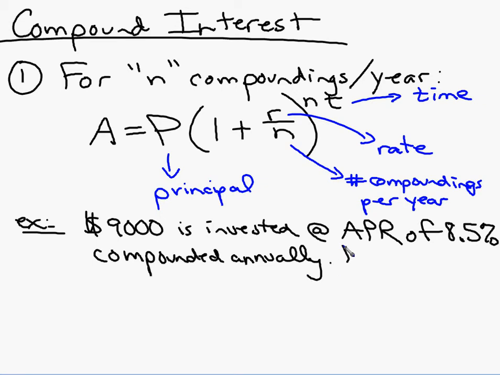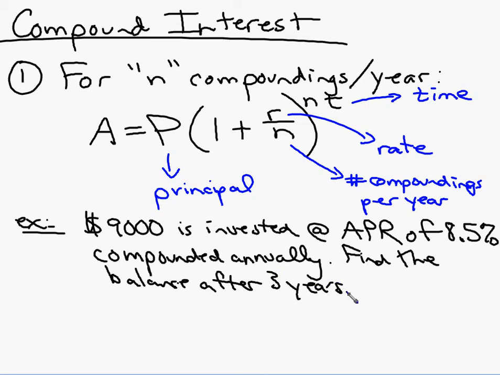Find the balance after 3 years. Okay, so we're going to use this formula up here. What am I going to plug in for P? 9,000. Let's go ahead and do that. I'm kind of short on room down here.